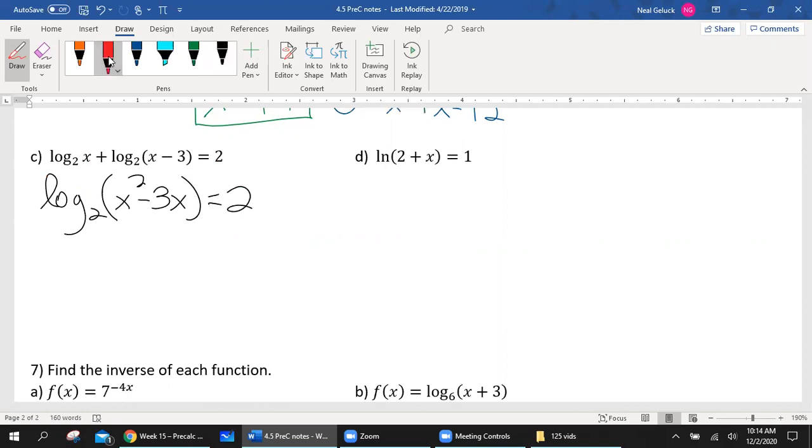Okay, now do the loop-de-loop to turn it into an exponential. So 2 squared equals x squared minus 3x, excuse me. Looks like another quadratic. So if I subtract over the 2 squared, so subtract over 4.